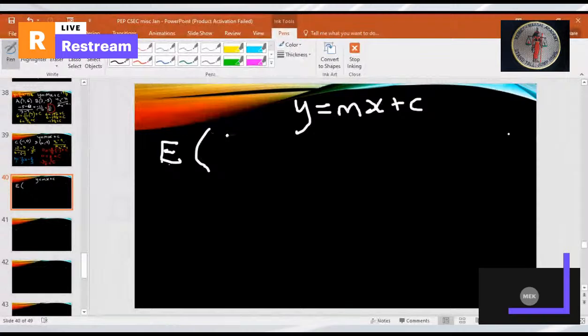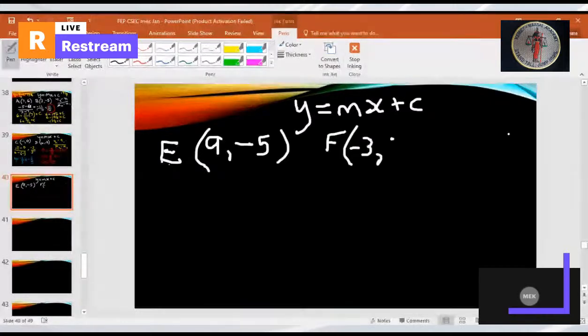Point F is (-3, 2). We want the equation of the line that these 2 points pass along. What is the equation of the line?